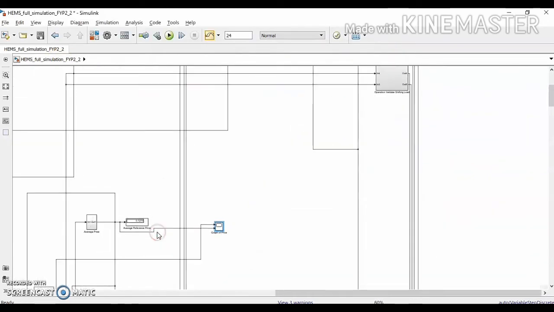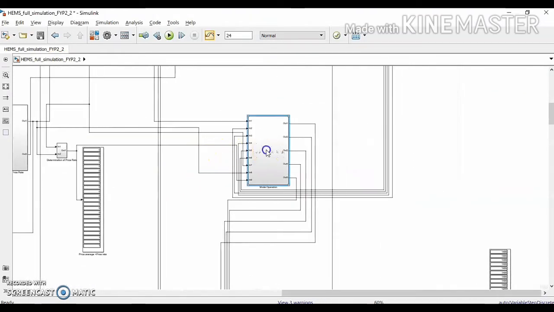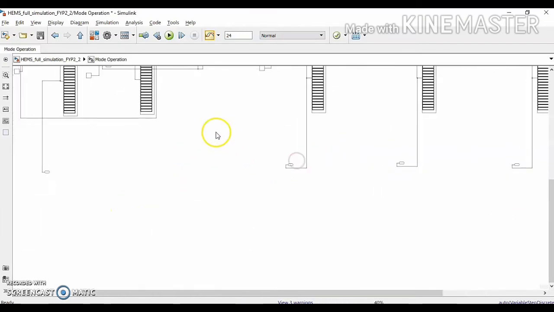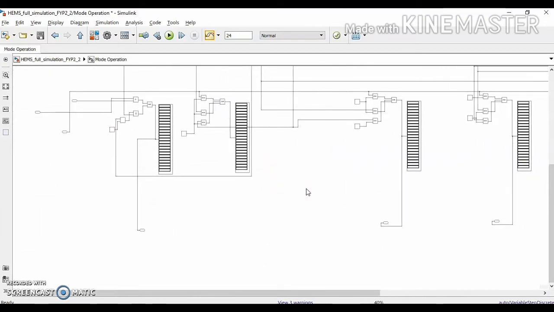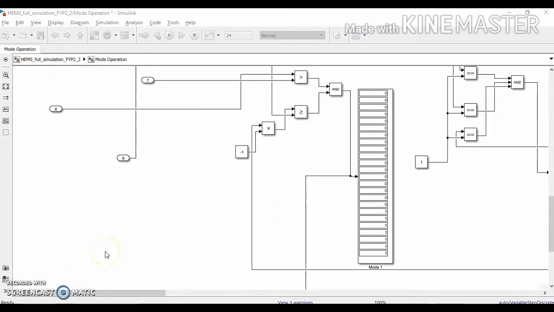So we go in deeper into the mode operations. We have 5 mode operations: mode 1, mode 2, mode 3, mode 4 and mode 5. For mode 1, the shift appliances will shift to the off-peak hour.